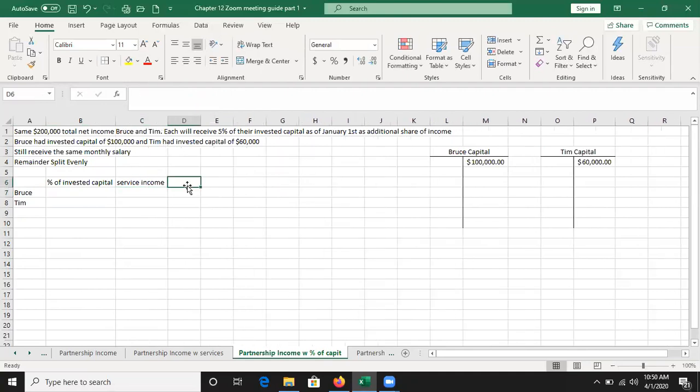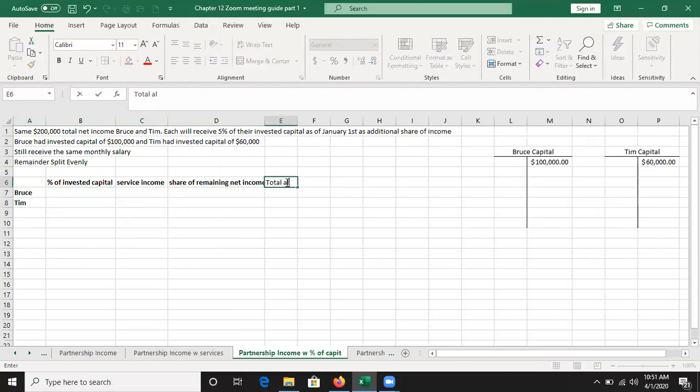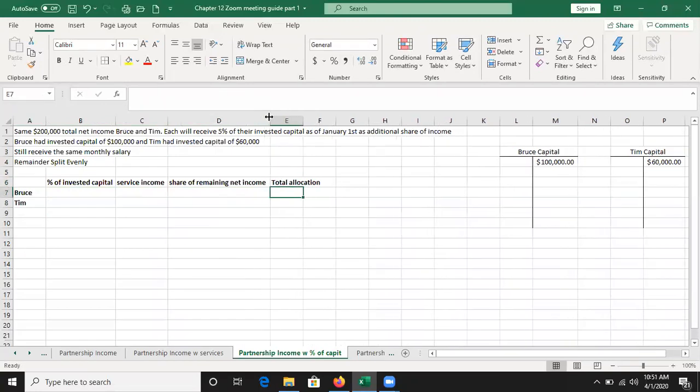And then I'm going to make a category for share of remaining net income. A column, I should say. Okay. You don't have to do it like this, but I think it helps. Okay, to make things look neat. And then total, I'll put allocation. So of the net income, what's their total allocation they're going to receive?